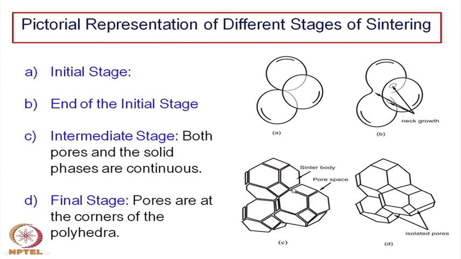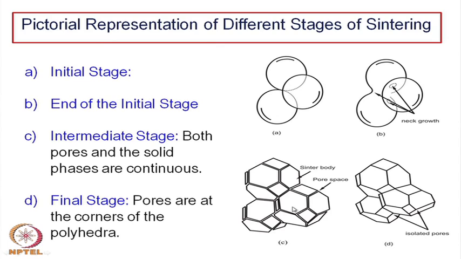These are the pore phases. So, this is a continuous channel of pores. Once again it is quite idealized, it is not exactly what we get in reality, but something like this happens. So, the pores are still continuous, the solids are still continuous. Up to the end of the second or intermediate stage, both pores and solid phases are continuous.